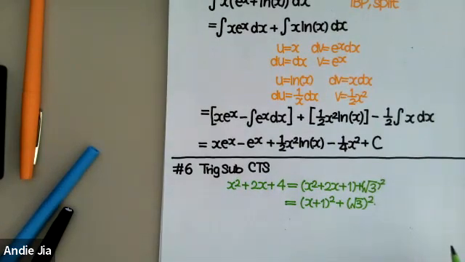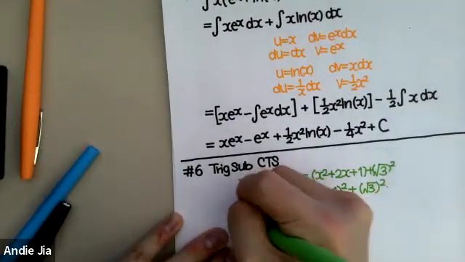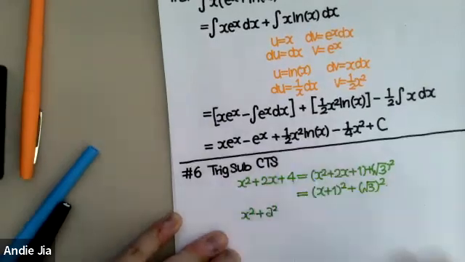So this is x squared plus a squared, so it's the tangent substitution.